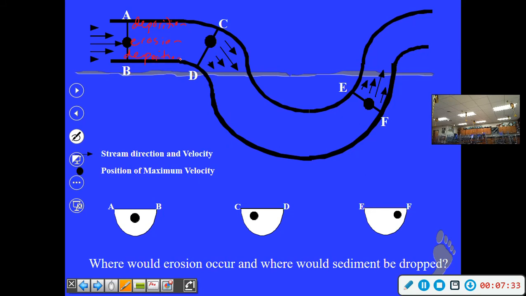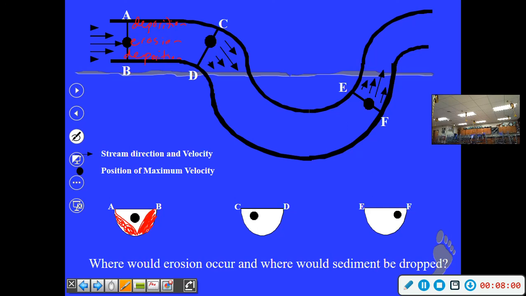When you look at the side view, or scuba diver view, as I like to say, if you're swimming in the river, again, the greatest velocity is in the center, so it's going to be deep in the center and shallow on the sides. So it's going to look kind of like this, right? And this is going to be the sand that fills in. So that's for a straightaway, like AB here at the top.